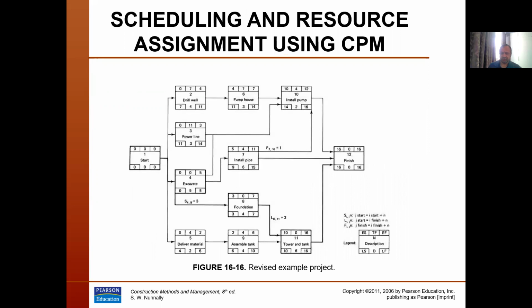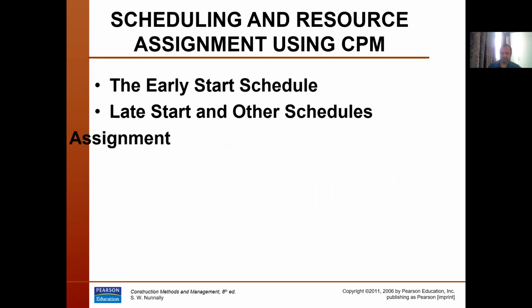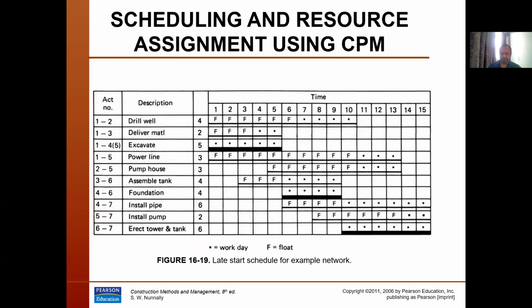Okay. A more comprehensive example for the precedence diagramming method will also be presented. And then the scheduling and resources assignment using the critical path method. So early start schedule, late start schedule, resource assignment, and the use of bar chart in the resource assignment, how to schedule the labor on the project.